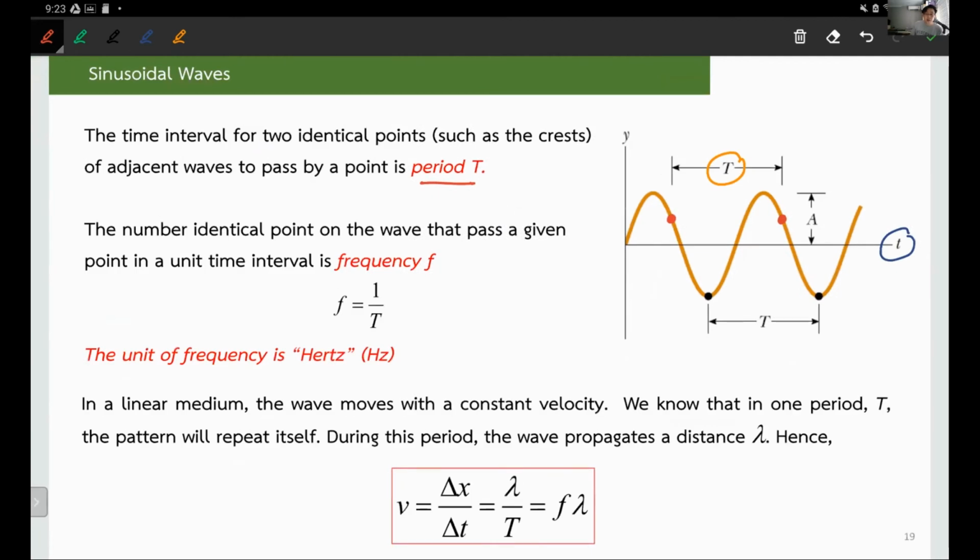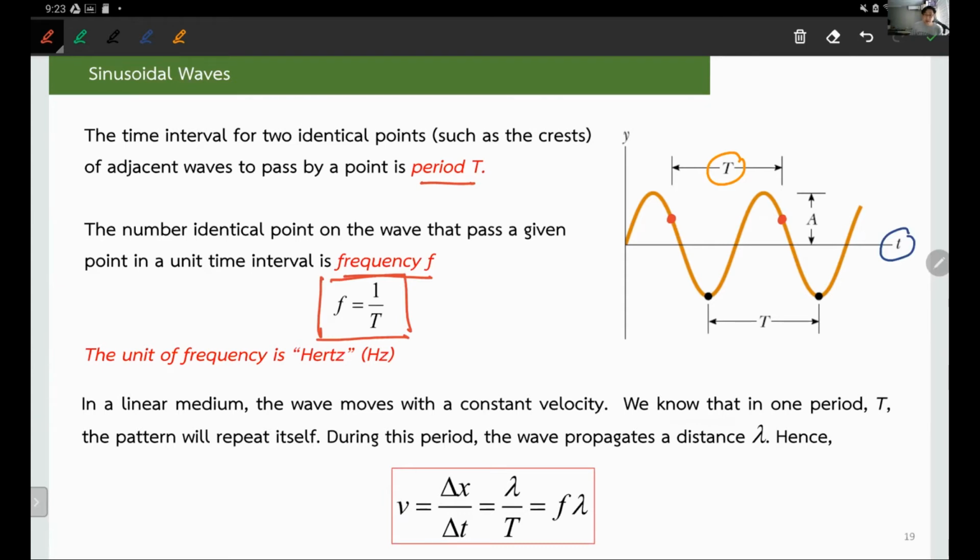However, you already learned before from circular motion or simple harmonic motion that the period and the frequency are just inverse of each other. The period is time per cycle. The frequency is cycles per time. So that means f and the period T are just inverse of each other.